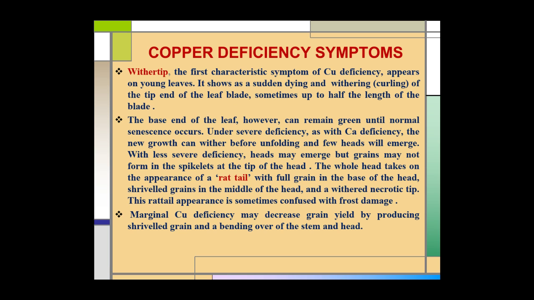Withering tip is the characteristic symptom of copper deficiency, and it appears on young leaves. It shows as a sudden dying and withering or curling of the tip of the leaf blade, sometimes up to half the length of the leaf blade.